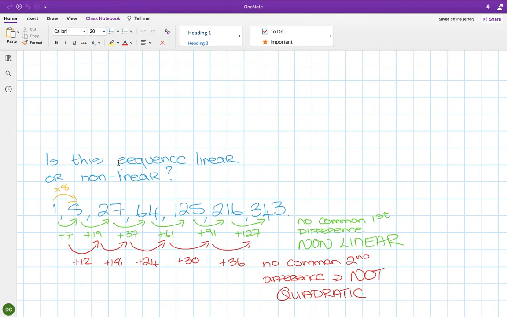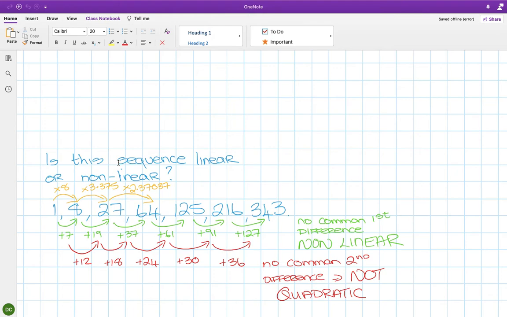Then to figure out what I'm multiplying by here, I do 27 divided by 8, and apparently I'm multiplying by 3.375. Next one, I'm not going to do many of these. What do I have to multiply 27 by to get to 64? I did 64 divided by 27, and I'm getting 2.37037, and it goes on.